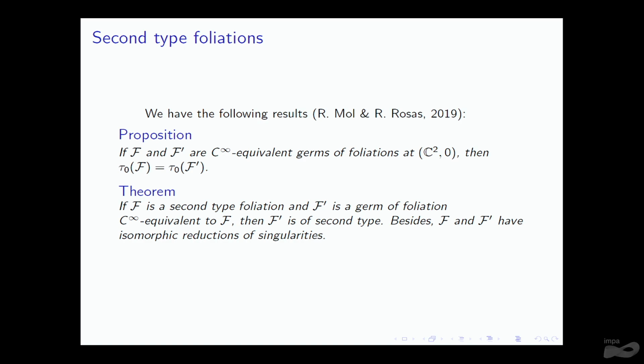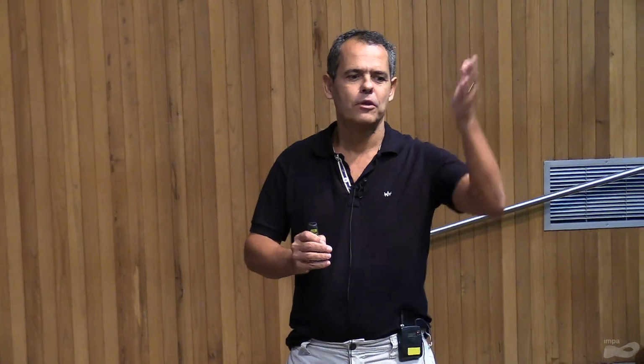And both foliations have isomorphic reduction of singularities. It's a weaker result than the corresponding result for generalized curve type foliations. And the point here is to use this C-infinity equivalence between the two foliations to send a formal separatrix of one foliation into a formal separatrix of the other foliation.